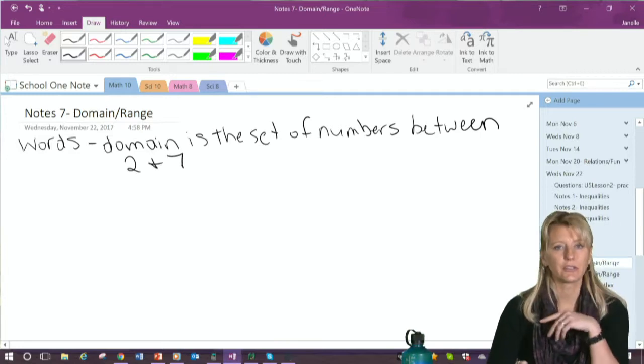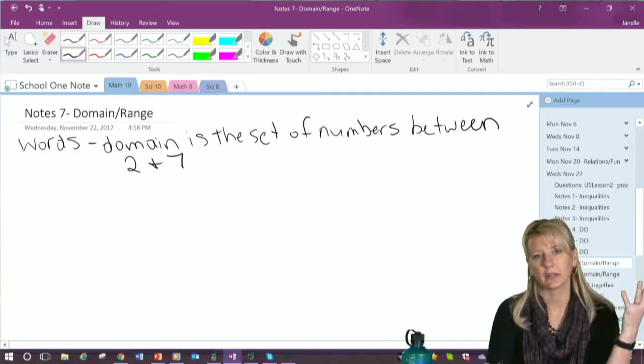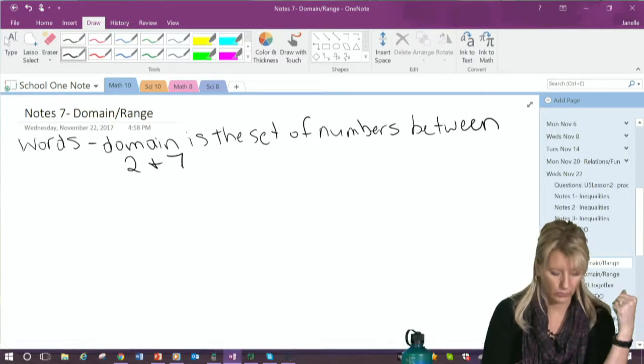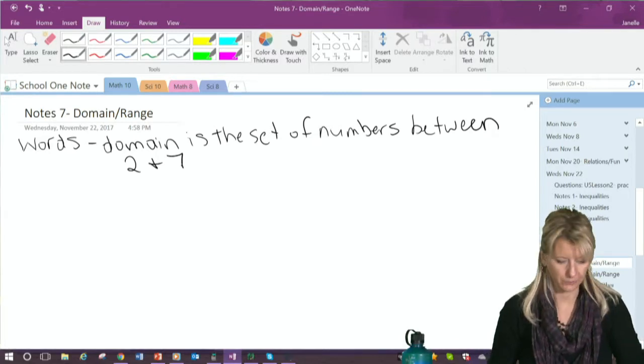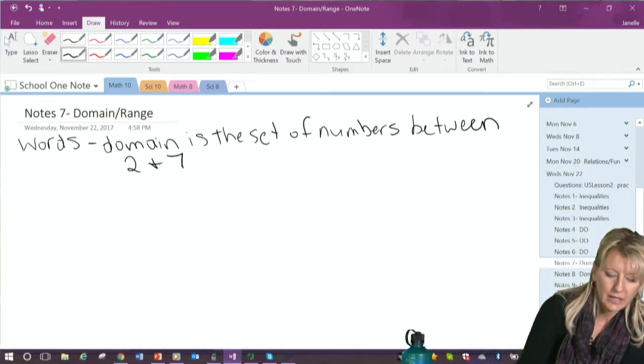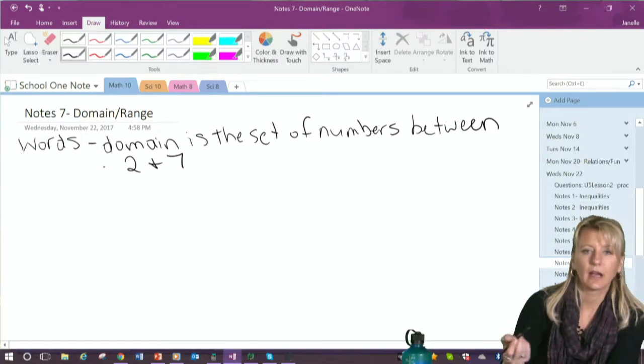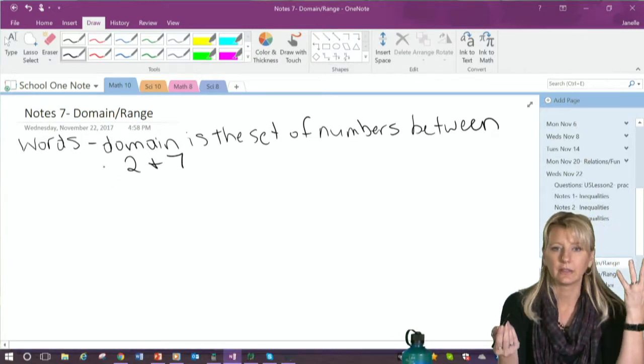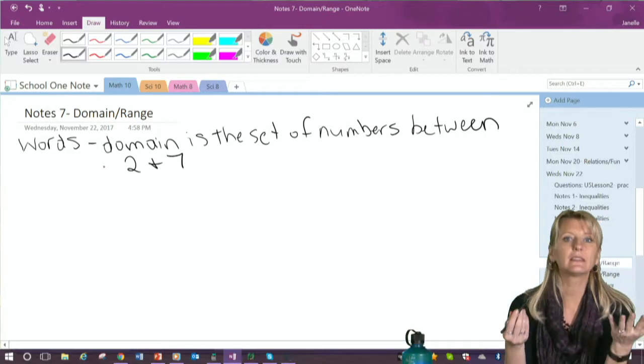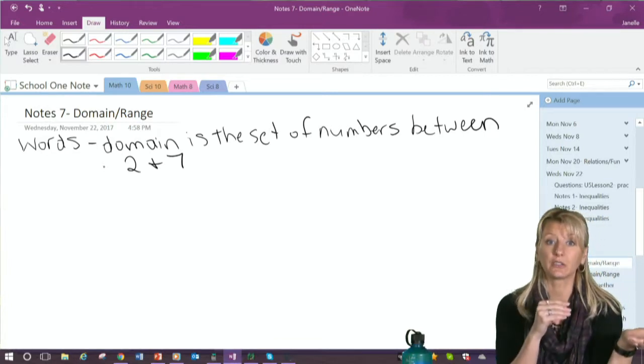You can say the same thing about range: range is the numbers between 6 and 12 or whatever. I'm not going to make you write both of those down. Another example would be the domain is any number greater than 6. So basically what you guys did on that first one is putting it into words.